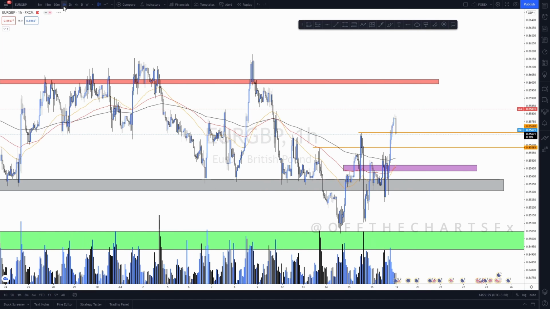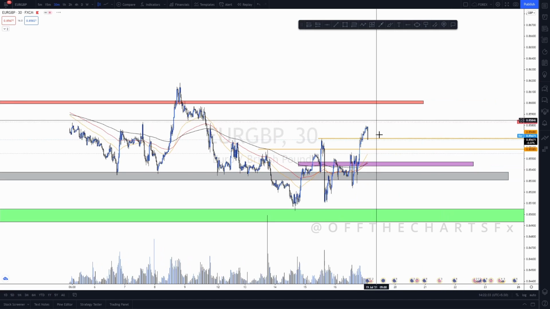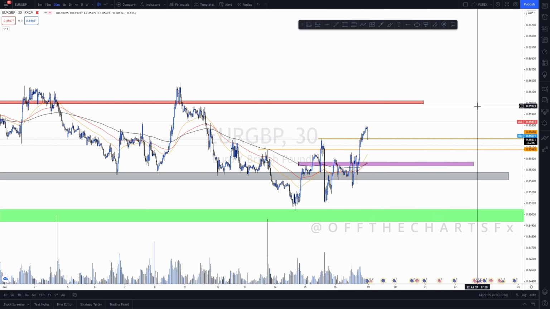All right, so moving to 30 minutes, it's just the same. So we'll be just looking for a clean retracement. After that clean retracement, then we'll just enter a position.